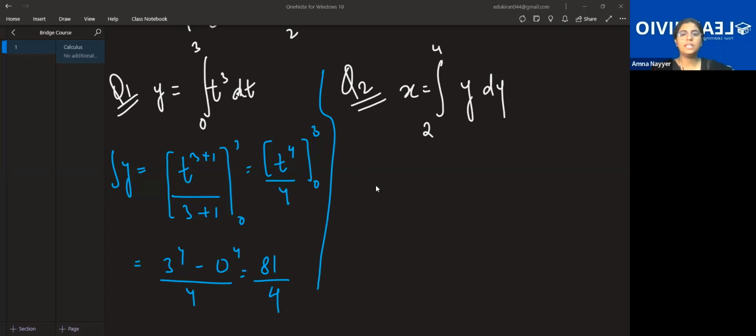We have to integrate x. Yes, Sidra. What will be the first step now? y to the power 1.